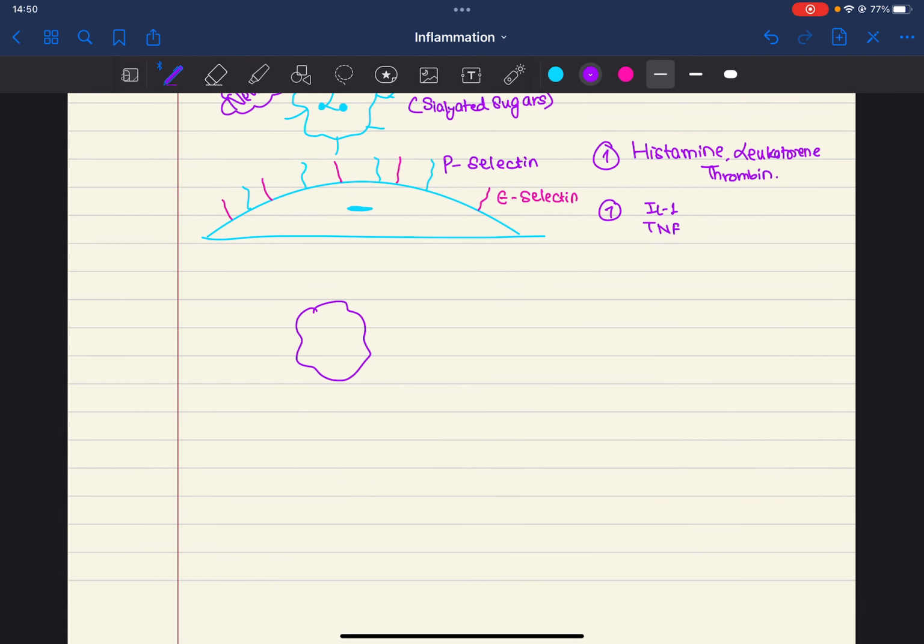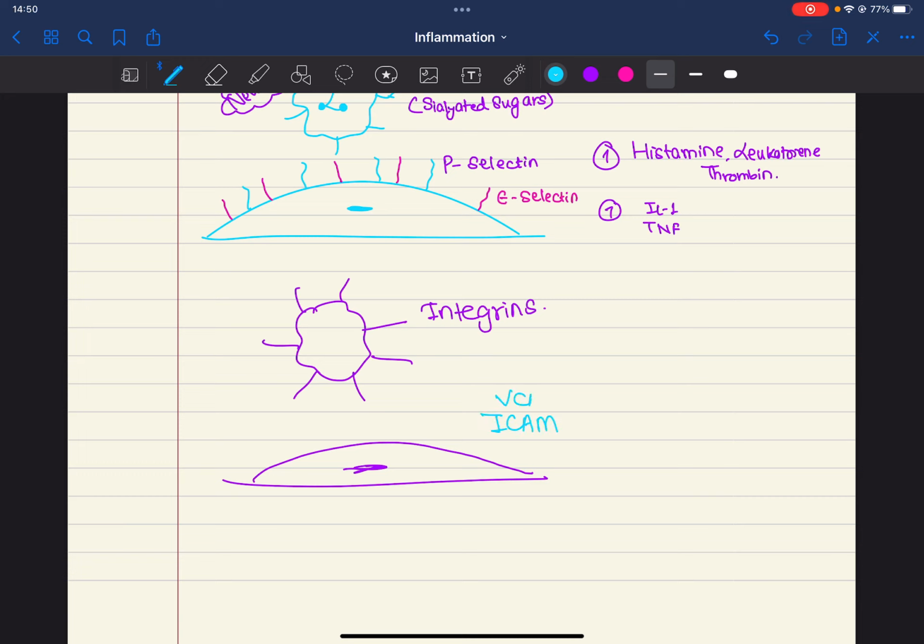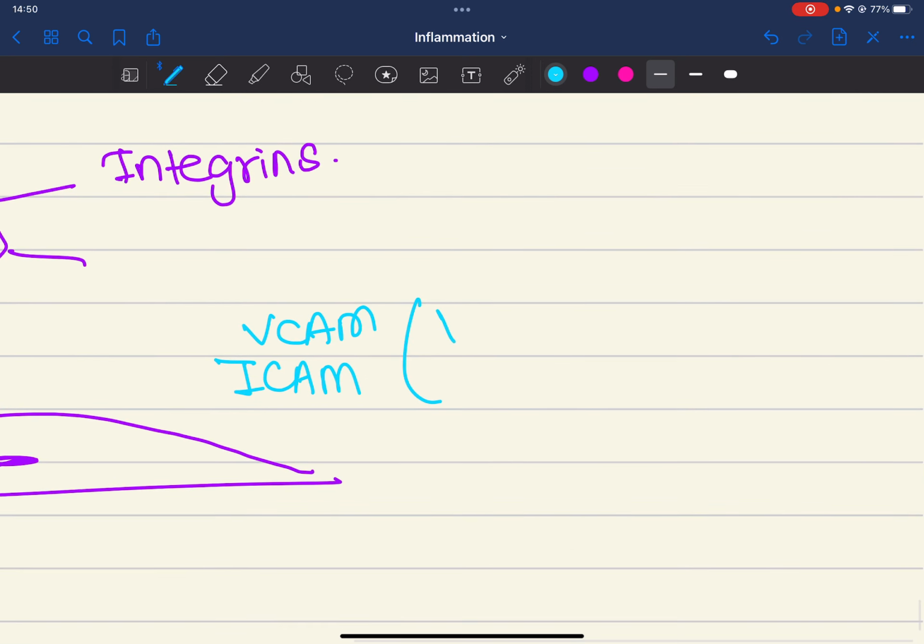They are called integrins. Now the WBC develops integrins, and the endothelium develops ICAM and VCAM, vascular cell adhesion molecule.